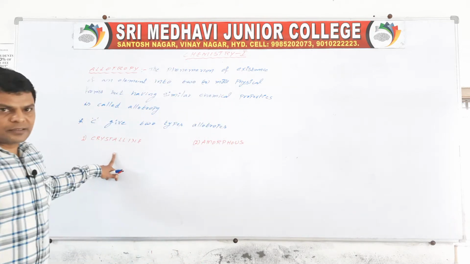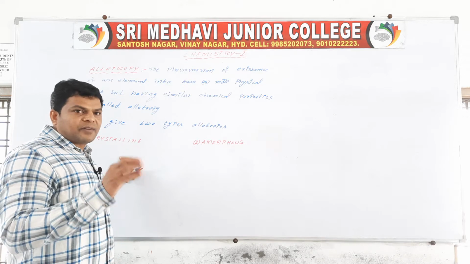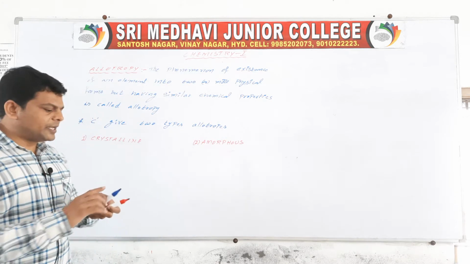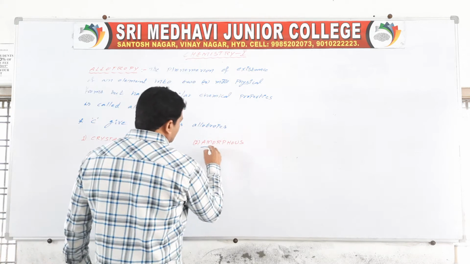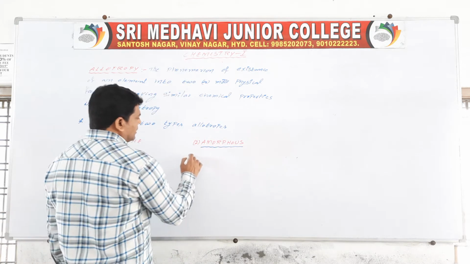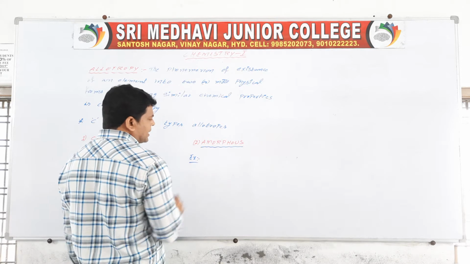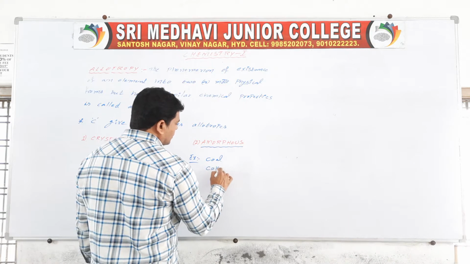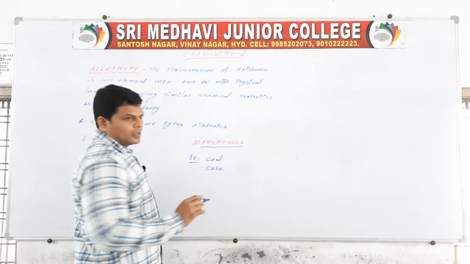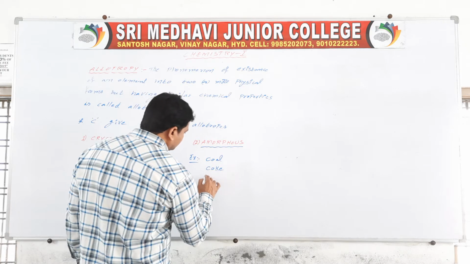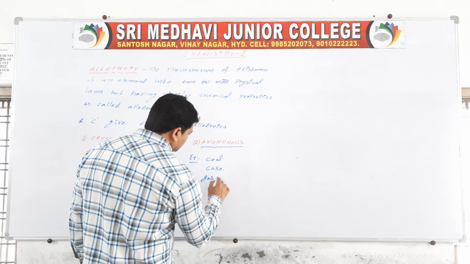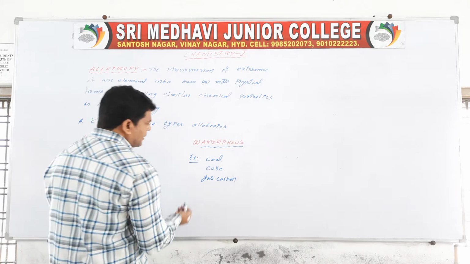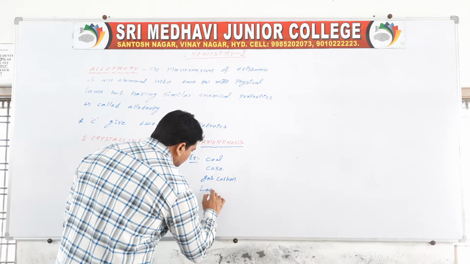Crystalline means the allotropes have a perfect form. Amorphous means the allotropes do not have any perfect form. Examples of amorphous allotropes are coal, coke, gas carbon, and lamp black.